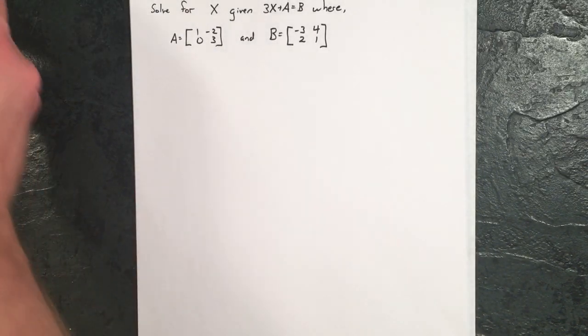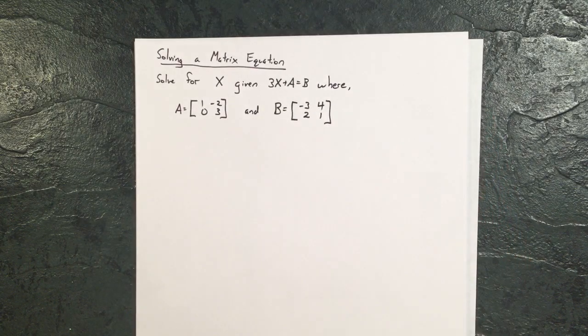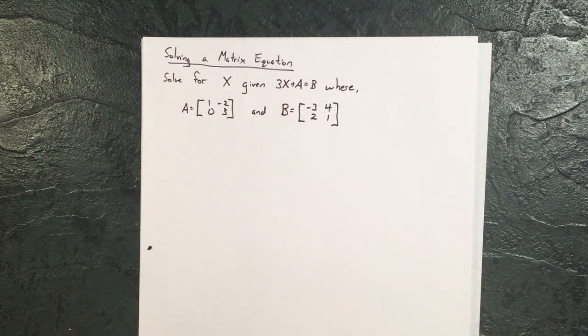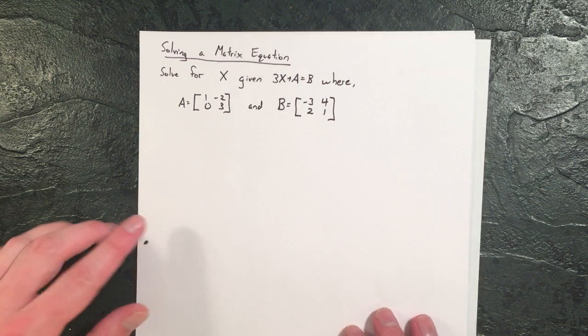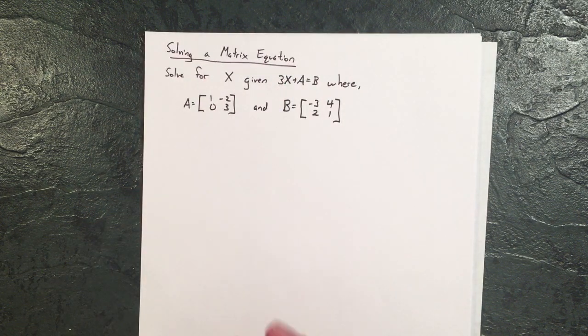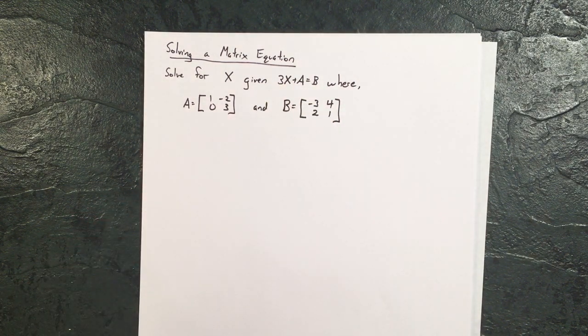And the last little thing I want to do with addition and subtraction here is they can just give you general equations. So they could say solve for X given some equation 3X plus A equals B. Keep in mind, since it's a capital A and B and the X is also capital, this is all to indicate that your answers you're looking for are in fact going to be matrices.